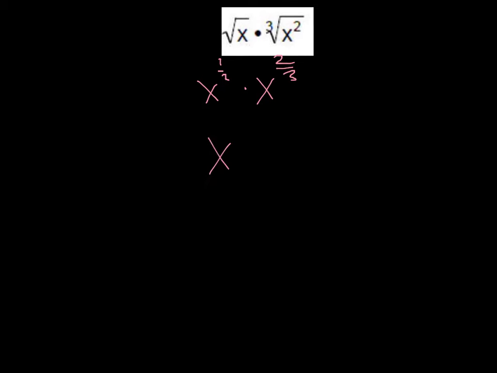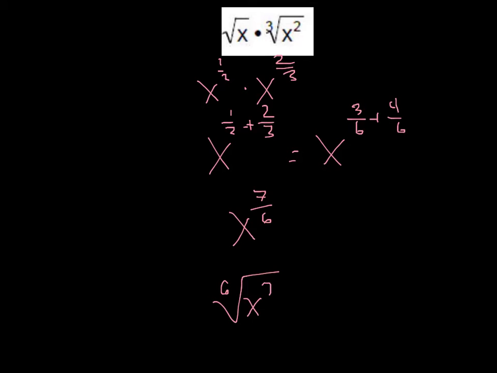So that's x to the 1/2 plus 2/3, which is x to the 3/6 plus 4/6, or x to the 7/6 power. Now I'll write this back in the radical form, which will give me the 6th root of x to the 7th.